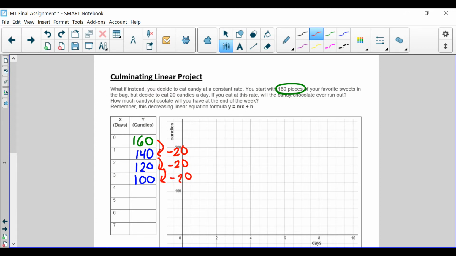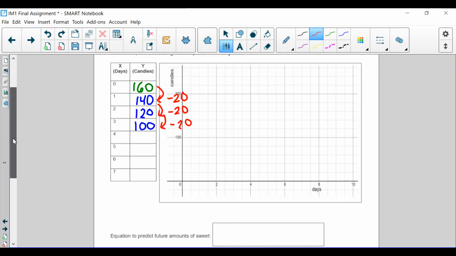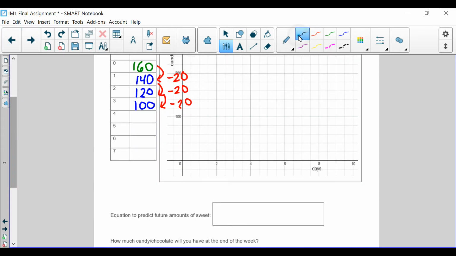So now what we do is we are going to go ahead and write down our equation. Remember, our equation is represented by y is equal to mx plus b, where we say y is equal to, in this case the rate of change is going to be 20.